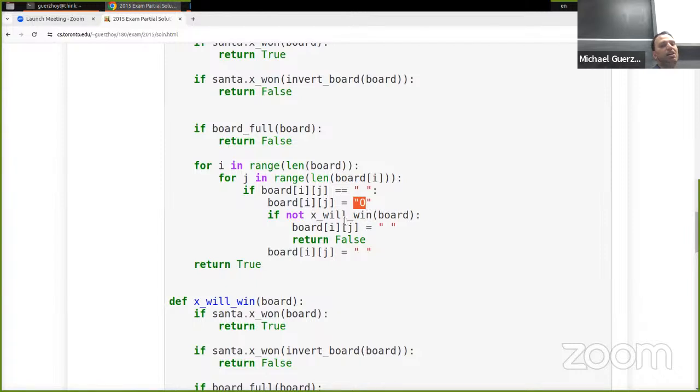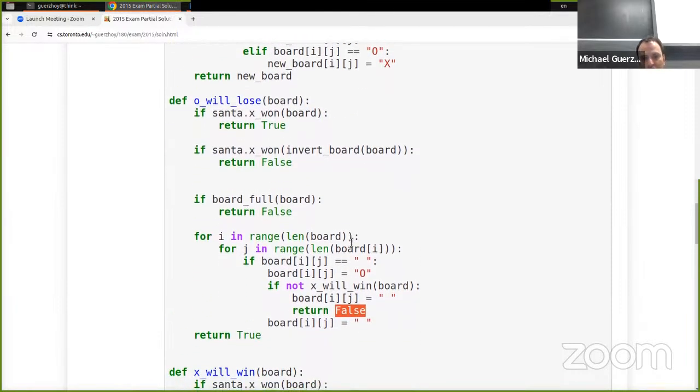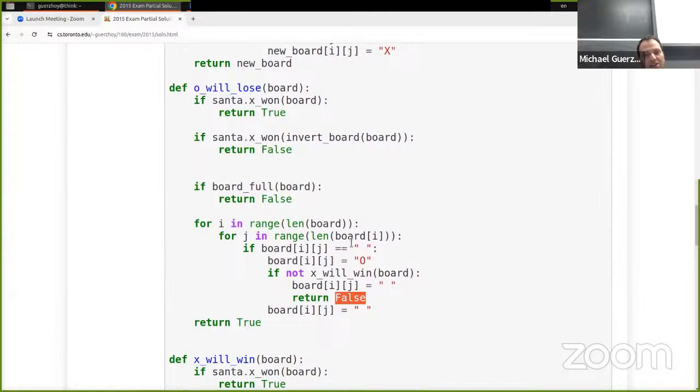And then we're saying if X will not win with this possible move, then it's not true that not will lose. So if we find one example where X will not win, then not will lose.